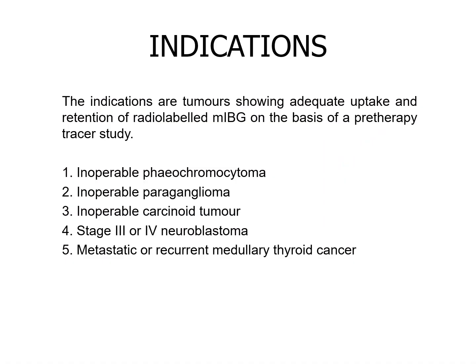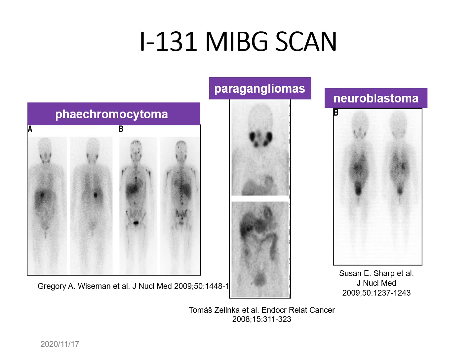This is the indication for the use of radiolabeled MIBG in inoperable pheochromocytoma, paraganglioma, carcinoid tumor, neuroblastoma, as well as medullary thyroid carcinoma. So this is an example of an iodine 131 MIBG scan in those indications.